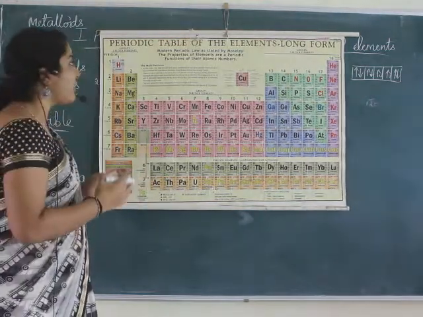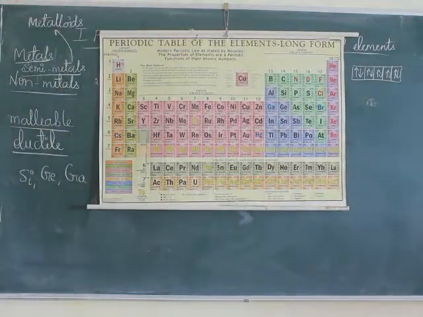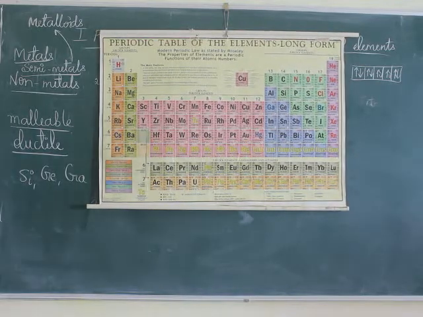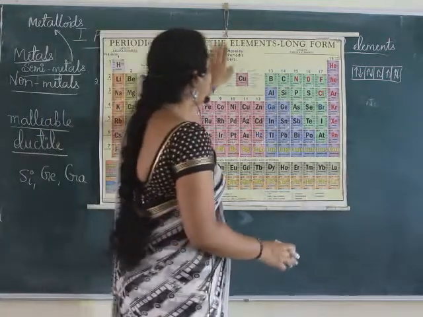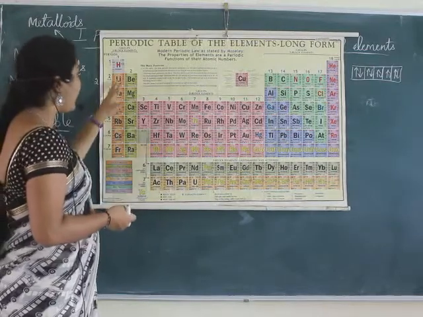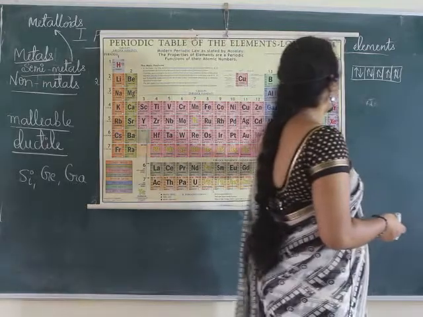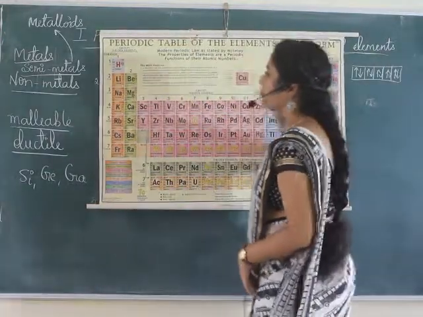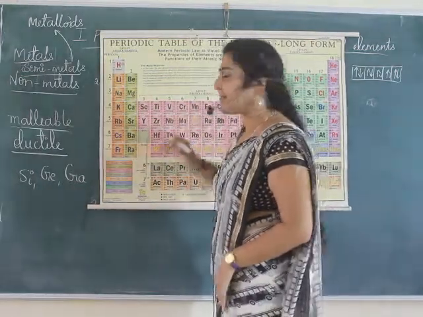Hope this is clear in case of metals and non-metals as well as semi-metals. Now next we shall see the general periodic trends of these elements. Just have a look at it. I will explain what it is actually. See, lithium, beryllium, boron, carbon, nitrogen, oxygen, fluorine. As you move from left to right, what happens to the atomic radius or atomic size?